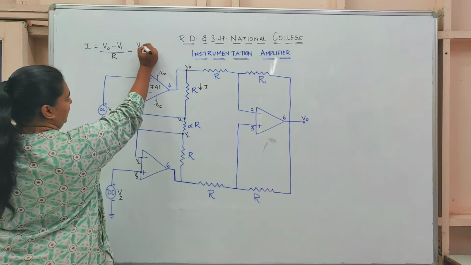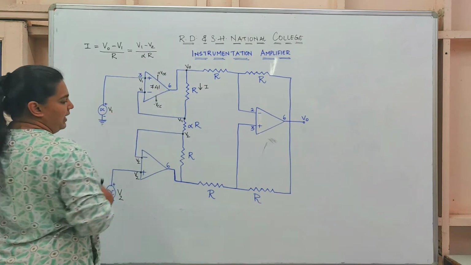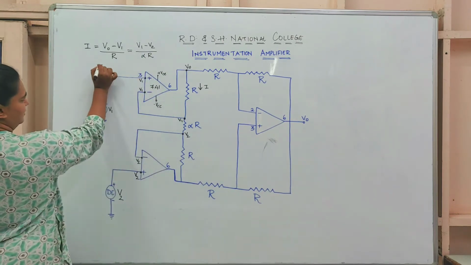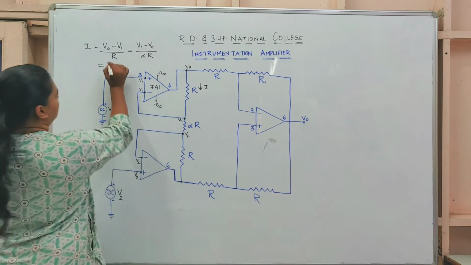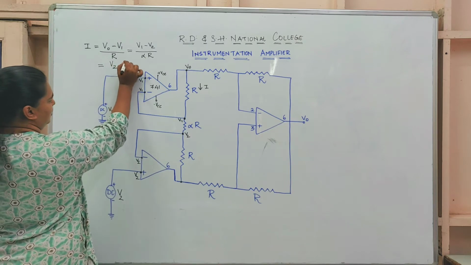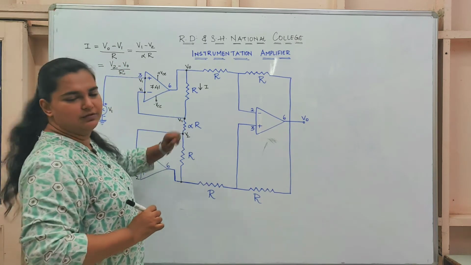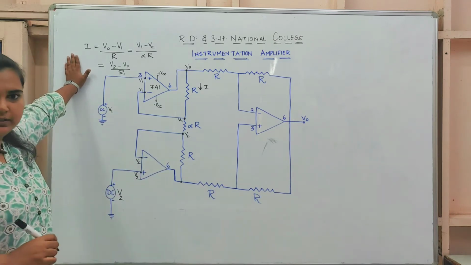This is (V1 minus V2) upon alpha R, and again this will be equal to this block, which I'll write here: now this is V2 and this is V0, so (V2 minus V0) upon R. This is alpha R because of the gain factor. So this is how you can give the equation for the current.